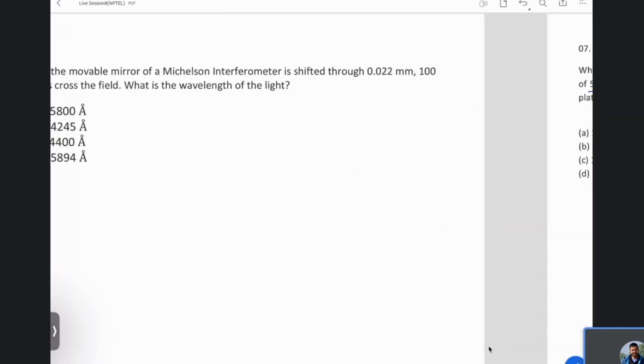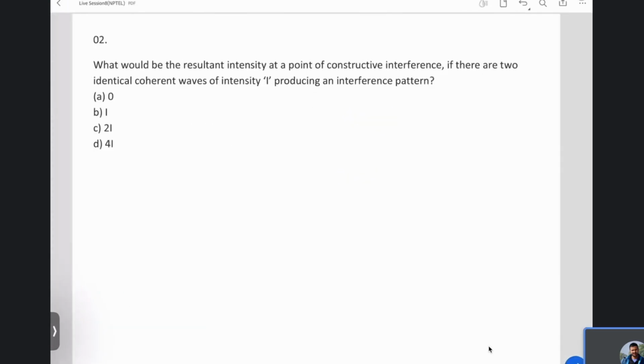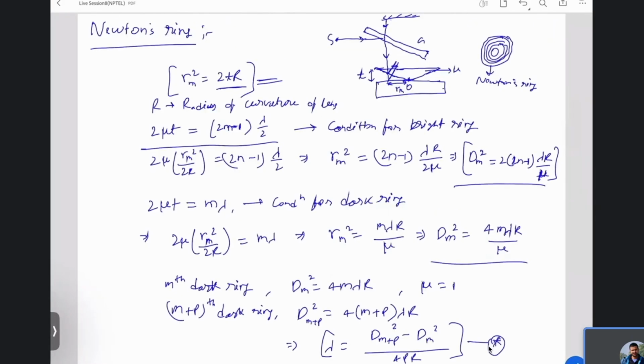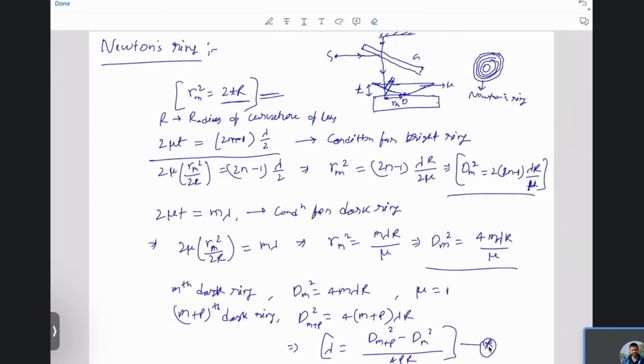In Newton's rings, this is the formula for diameter. If the refractive index of the medium is 1, this is the formula, and if the refractive index of the medium is mu, this is the formula.